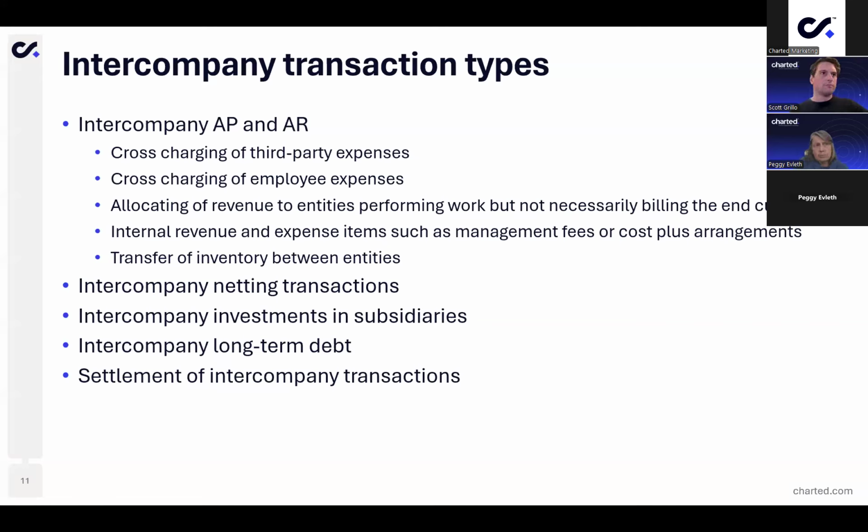And then, of course, settlement of intercompany transactions generally goes through cash. Uniquely, if it is converting those into investment subsidiary or some sort of long-term debt instrument, that would be done via a journal entry, but generally that would be done by some manner of disbursement. It could be done potentially via an intercompany or via some sort of a wire transfer dispersing out of one entity.